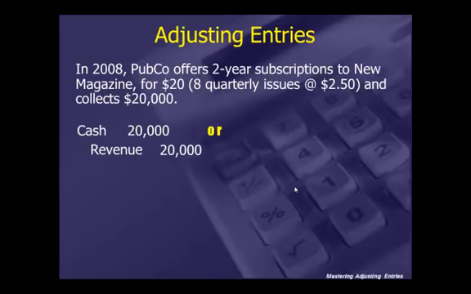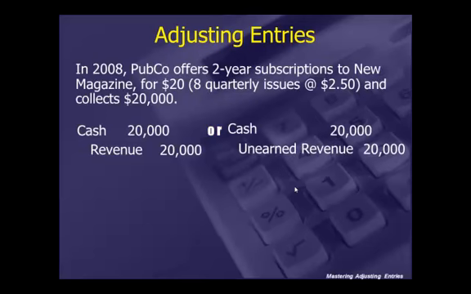Now, cash: debit 20,000, credit 20,000 revenue, or we debit cash 20,000 and credit unearned revenue for 20,000. Now, unearned revenue is a liability account.